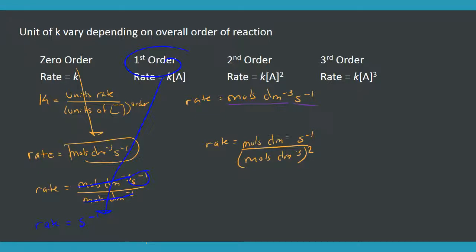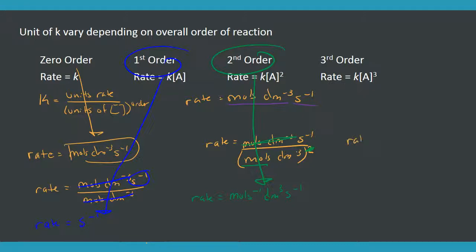So moles per decimeter cubed takes out one of those moles per decimeter cubed for the order. So what does this leave us? Moles to the -1 because it's on the bottom. That decimeters becomes just a regular decimeter cubed, times seconds to the -1. So there's your unit for a second order reaction.